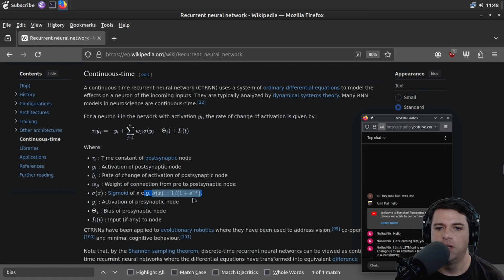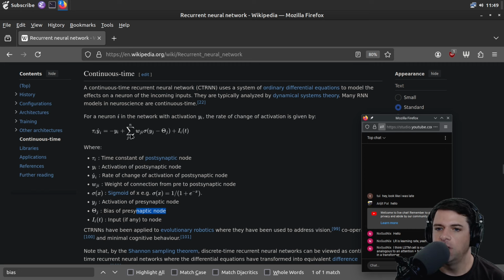Yeah, this sigma is a sigmoid. So you take the difference between y_j of the node before it and the bias. That should be essentially the linear map, assuming I'm understanding bias correctly. So this difference should be a linear term, and then sigma is the sigmoid. And we're going to compute that for all of the inputs.